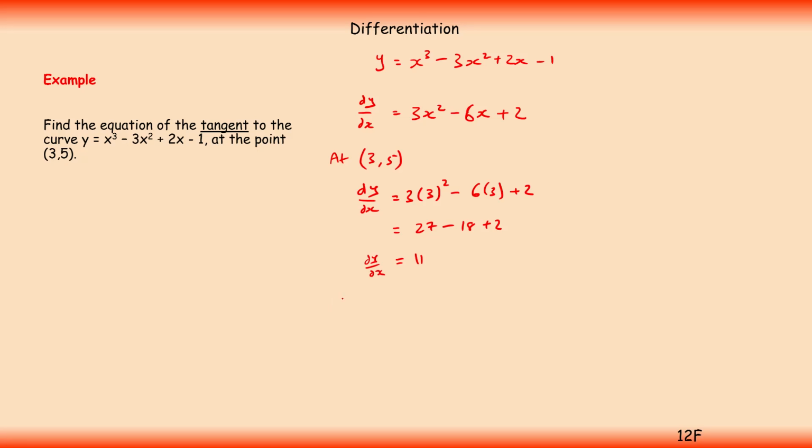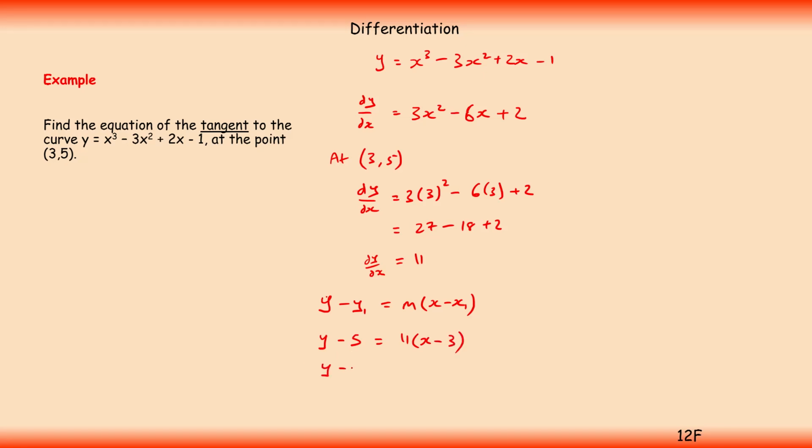Now hopefully you can recall the formula for the equation of a straight line, which is given by y minus y1 equals m times x minus x1. Very useful. So we can sub in for the gradient m and the coordinates x and y. So we have y minus 5 is equal to 11 times x minus 3.